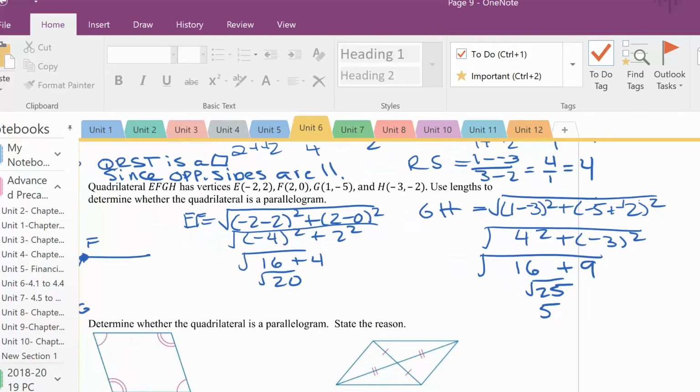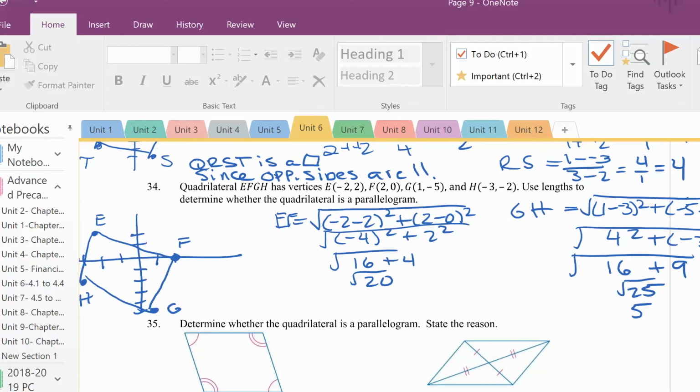So notice here, we can already tell that these two sides are not the same, but let's just go with EH as well and FG just to prove our point. EH is -2 minus -3 squared plus 2 minus -2 squared.